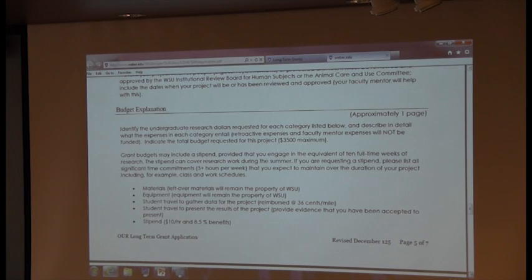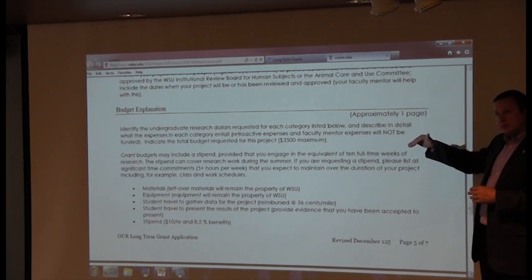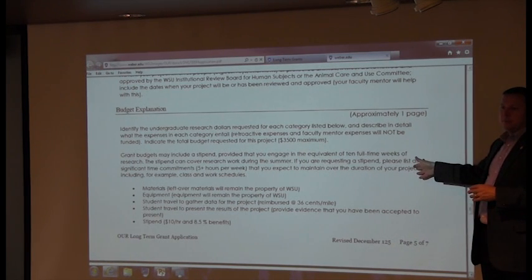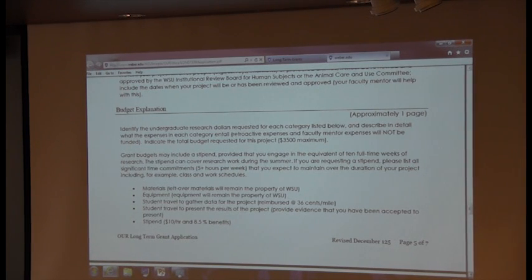We also want to know if you are working, that you'll be able to tailor back on your job in order to do the project. And this was the reason why a lot of this money was donated, by the way, is that we convinced donors that our students at Weber are very busy and they need to work, and many times to support their education and to support their families in many circumstances.